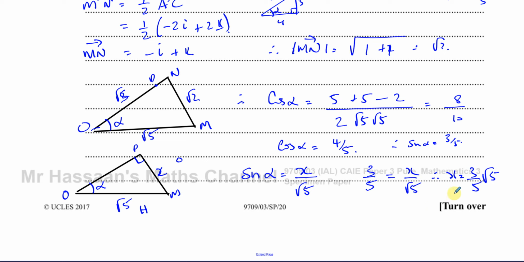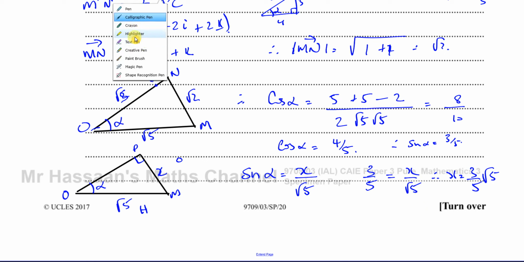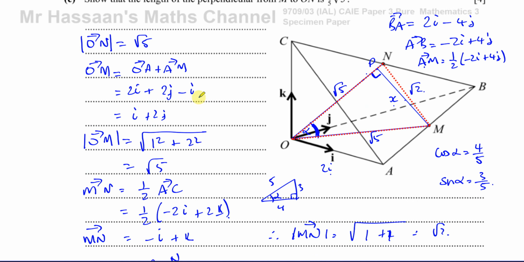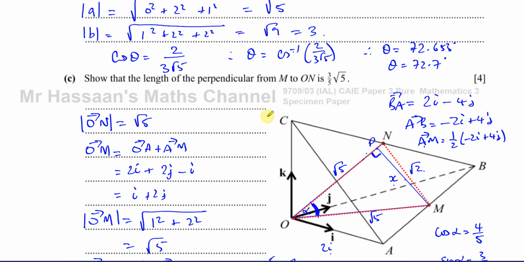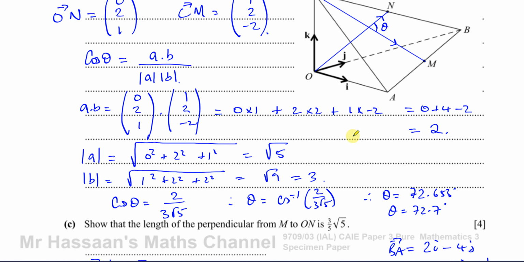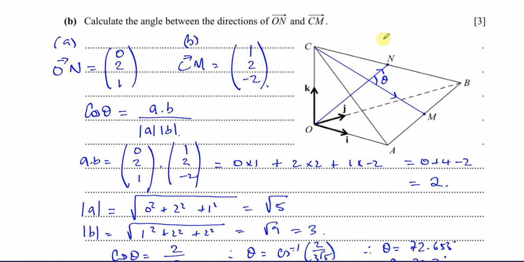Okay, so there is our answer to this question. Right, so it's actually quite an involved question, 4 marks, but there's quite a lot of thinking involved in this question. And at first sight, the solution to the previous question doesn't seem to be something that would help us.